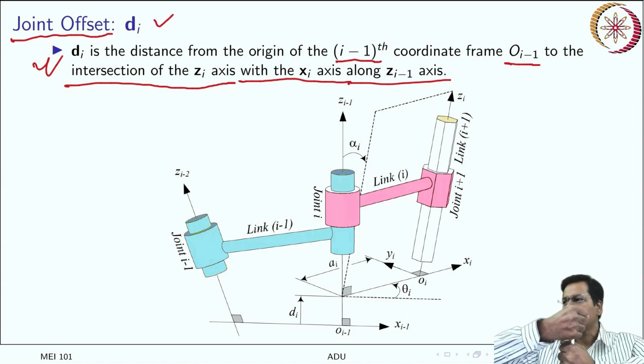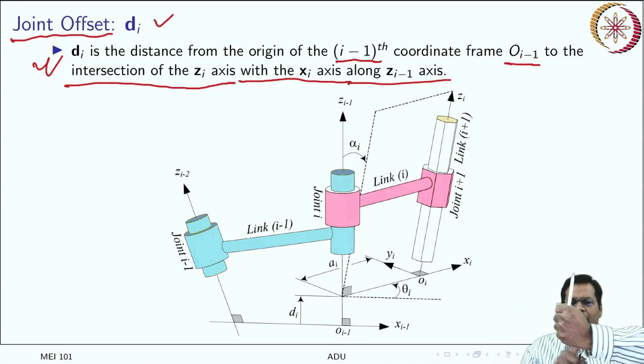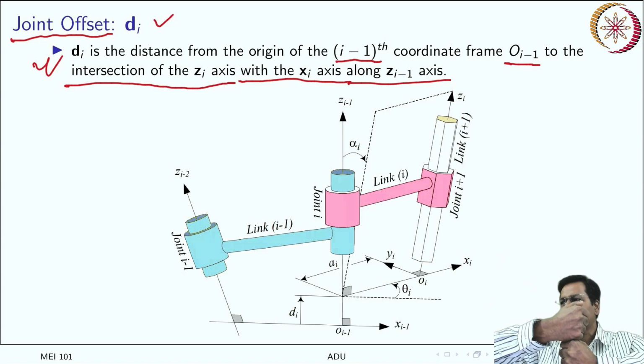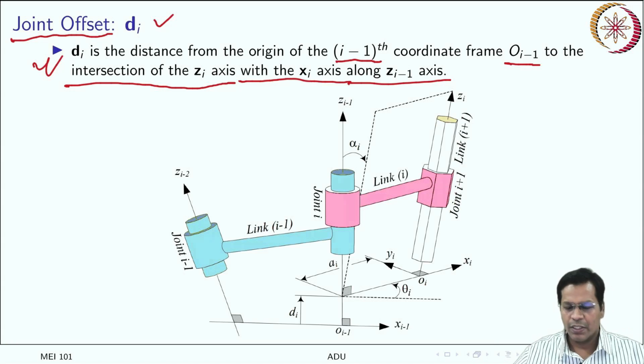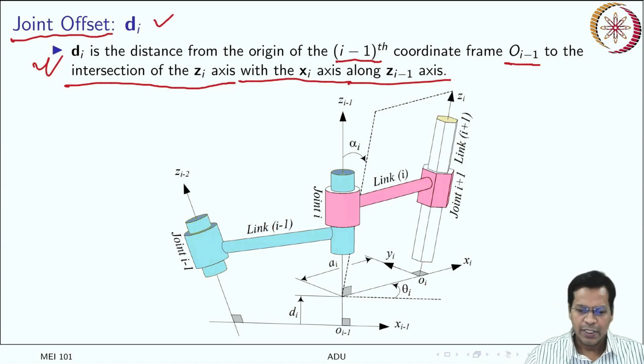So the distance is moved along zi minus 1, because this is the link which is ending with the frame zi minus 1. You have another link that comes on top of it, and they both move relative to each other. So link I moves relative to link I minus 1. That is the joint, and there is some distance between those two links.